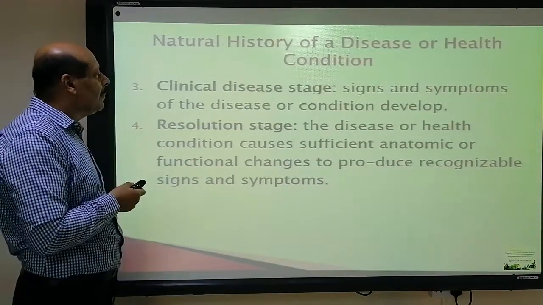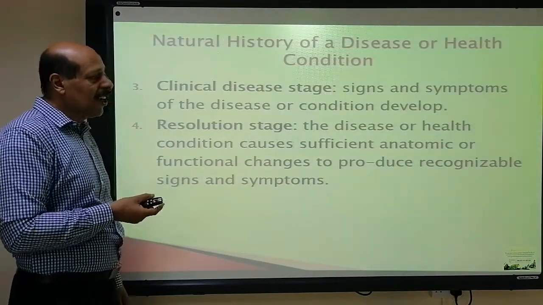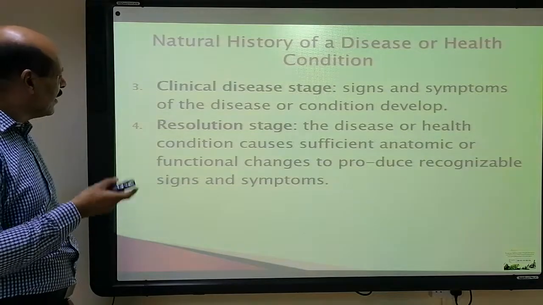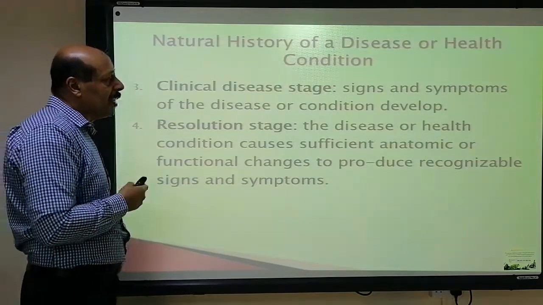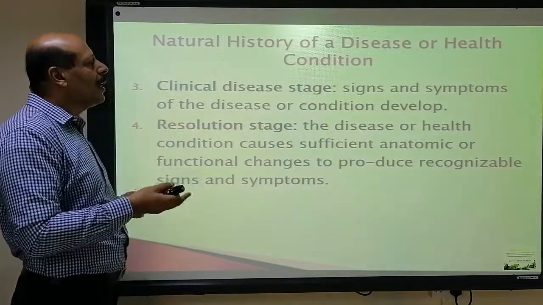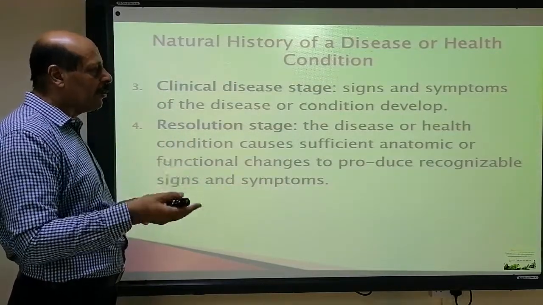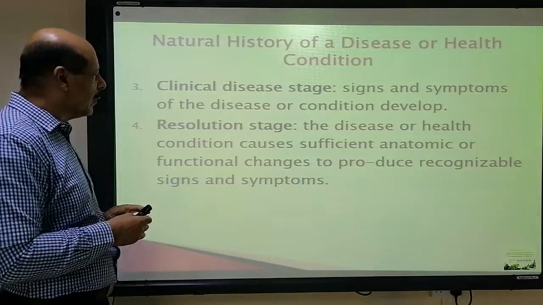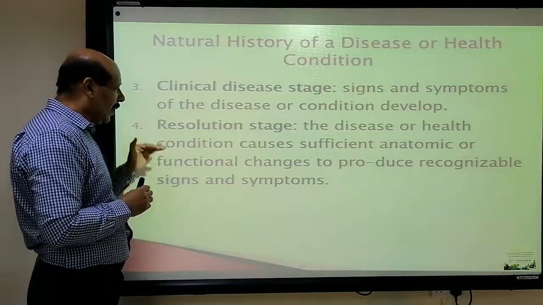The clinical disease stage, which is the third stage, is when the signs and symptoms of the disease start to develop and appear on the client who has that disease.